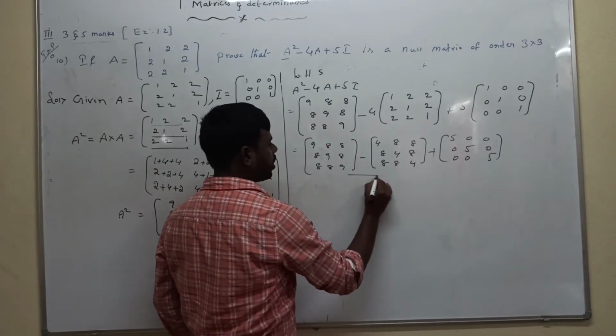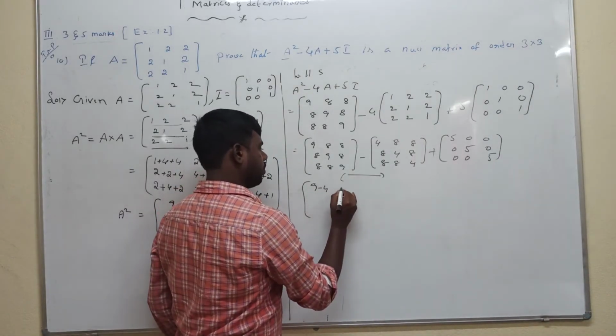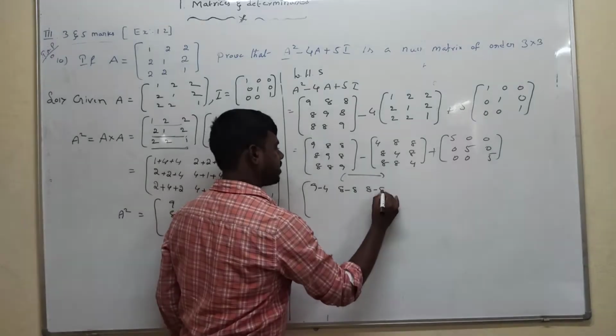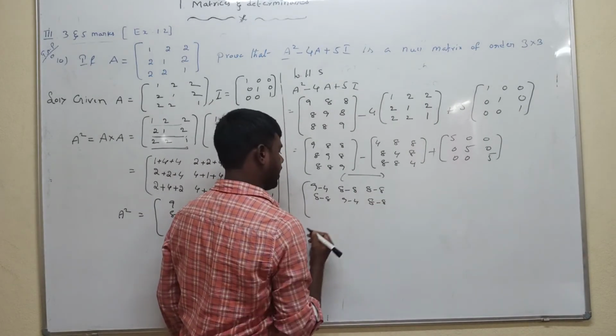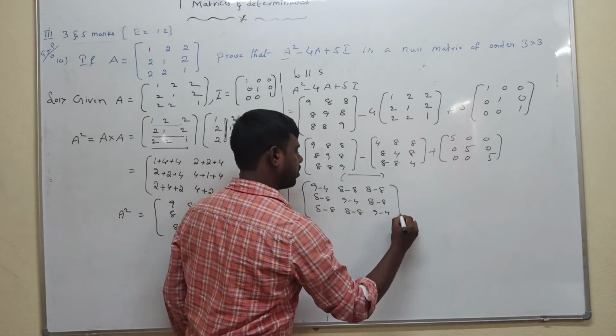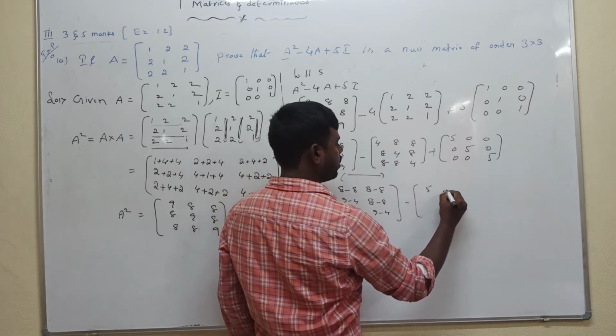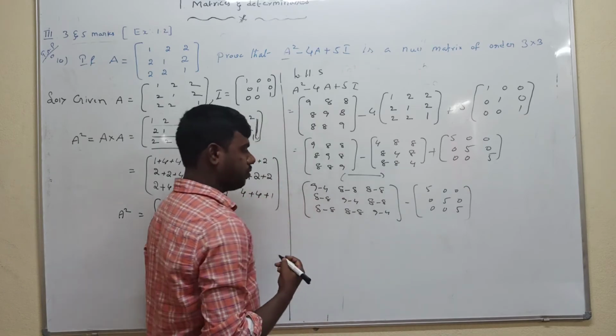Now first we have to subtract those two matrices: 9 minus 4, 8 minus 8, 8 minus 8, 8 minus 8, 9 minus 4, and so on.